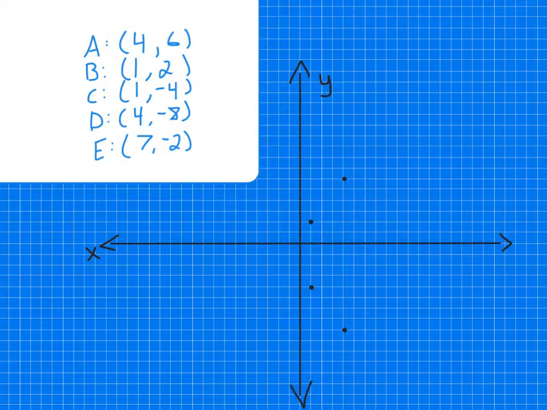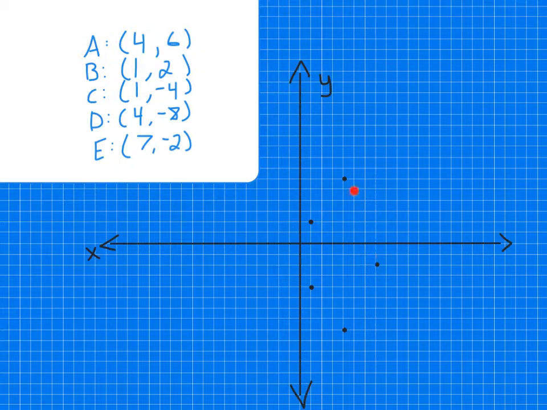Just right there. And then I have 7 over, 2 down. 7 to the right, 2 down. So 1, 2, 3, 4, 5, 6, 7. 1, 2. Okay, and so my question is, what shape do these 5 points create, right?